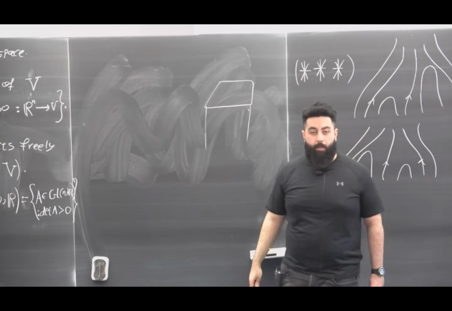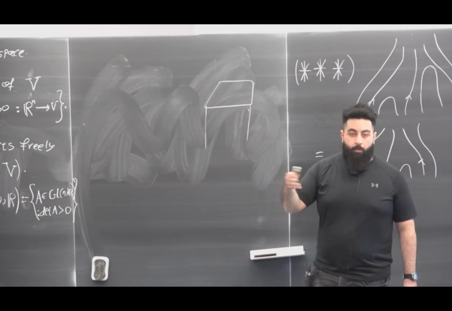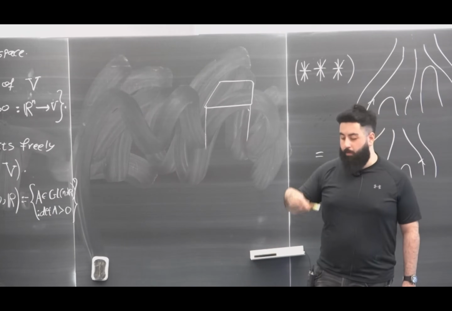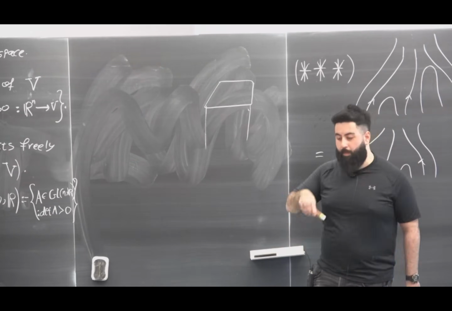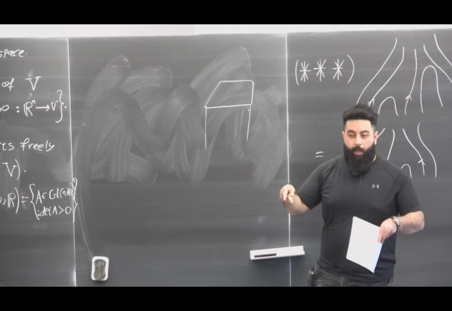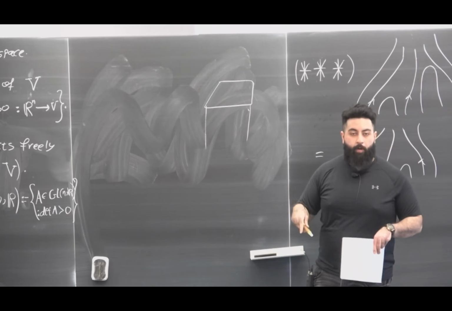The example would be the cube. So you have the three-dimensional cube. Take the boundary of that, you get the faces. Take the boundary of that, you get the edges. The boundary of that, the vertices.